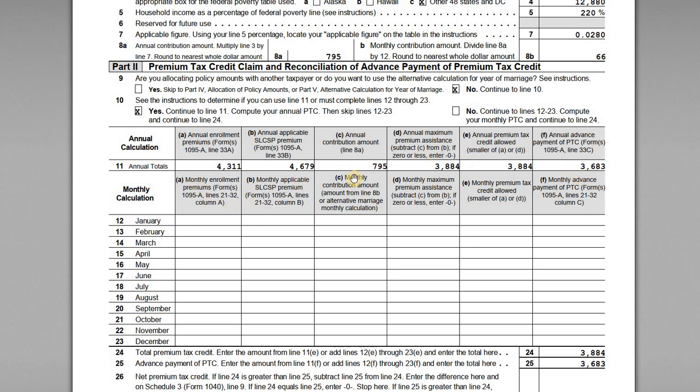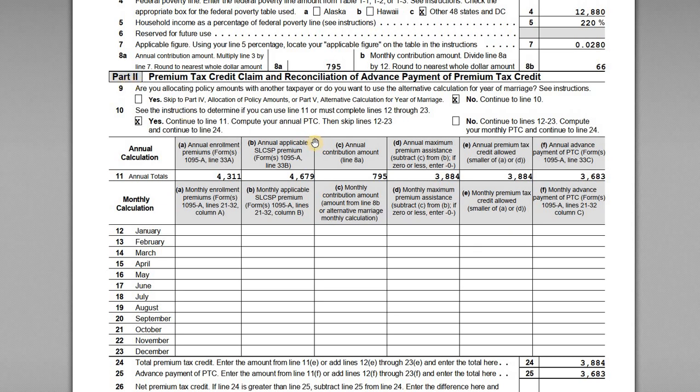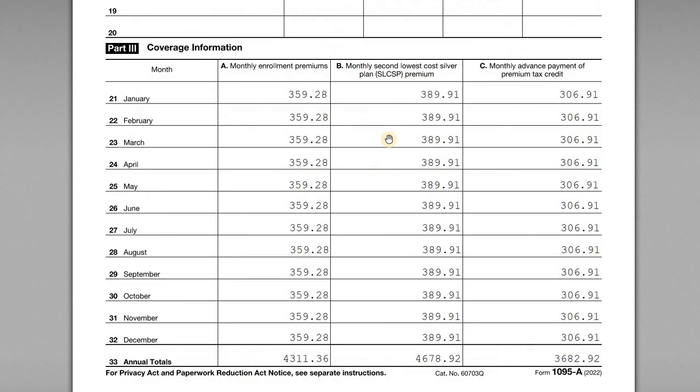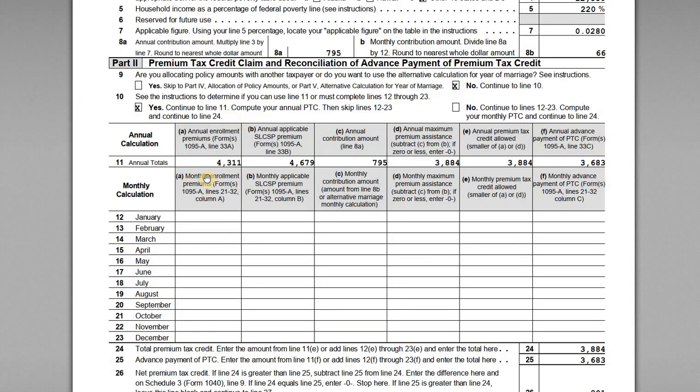Now, you'll notice that we've entered the totals up here. So when you start part 2, if you look at your 1095A and you have amounts filled out for the entire year because you were enrolled the entire year, and the monthly enrollment premium amounts, all these amounts are the same from month to month, then you're permitted to simply enter the totals here on line 11 rather than enter the monthly amounts.